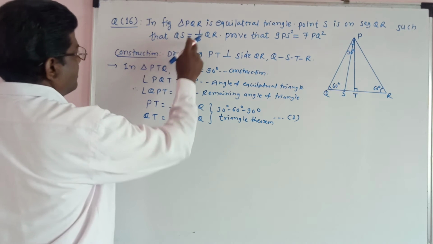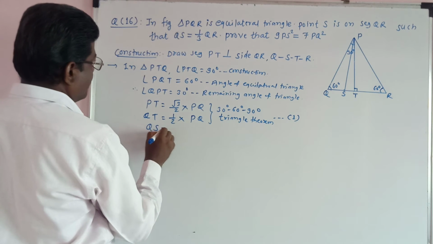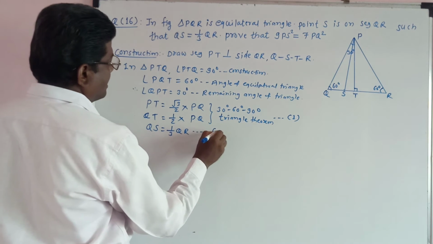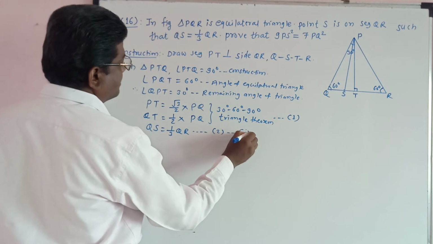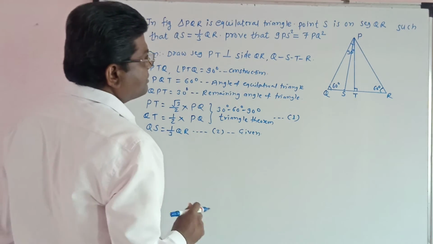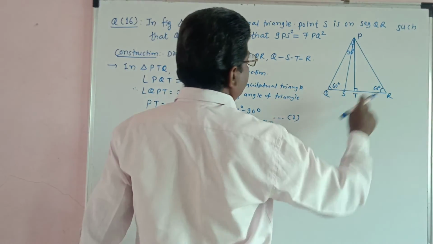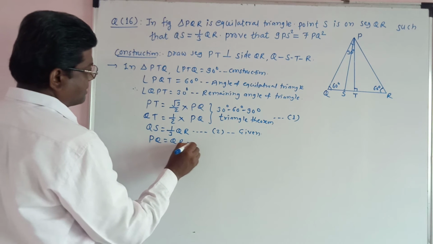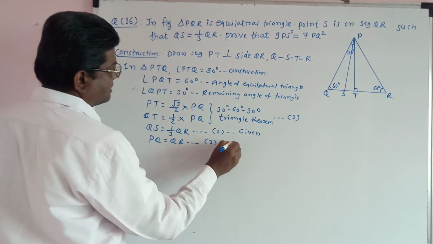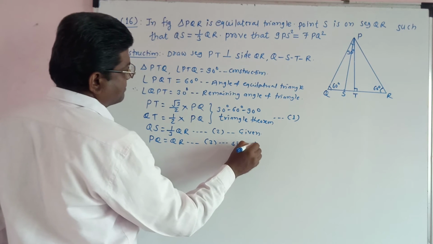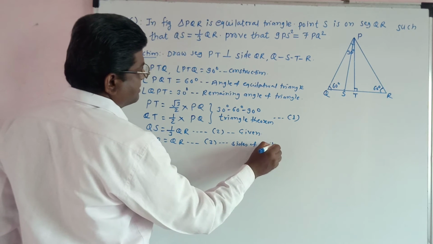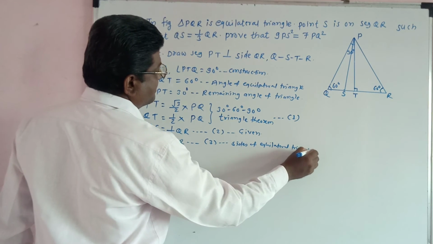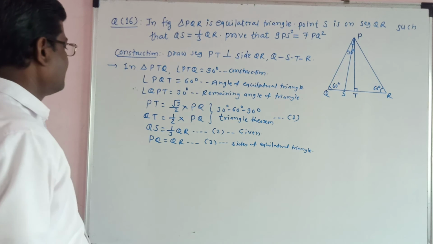Now here we have given QS is equal to 1 upon 3 into QR. This is given. Also PQ is equal to QR, equation number 3, sides of an equilateral triangle.